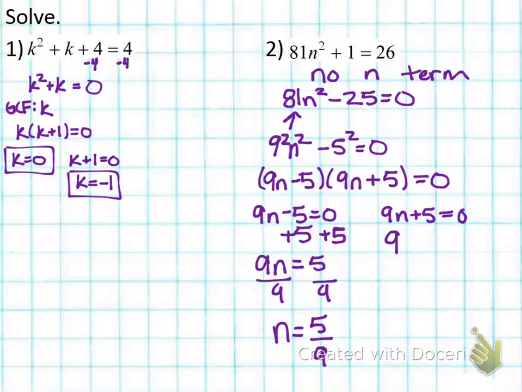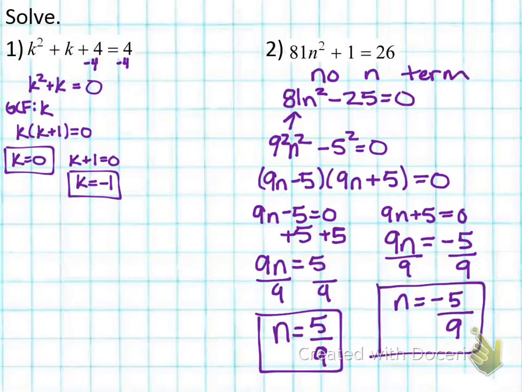Over here, in this second equation, I start by subtracting 5 from both sides. That gives me 9n equals -5. And then I divide by 9 and get n equals -5/9. Okay, so those would be my two answers there.